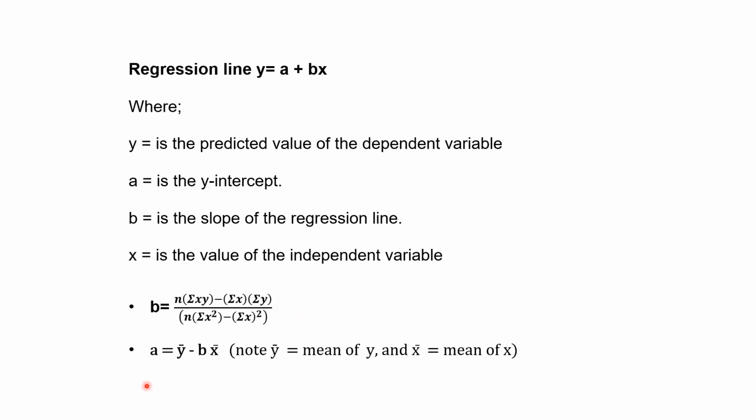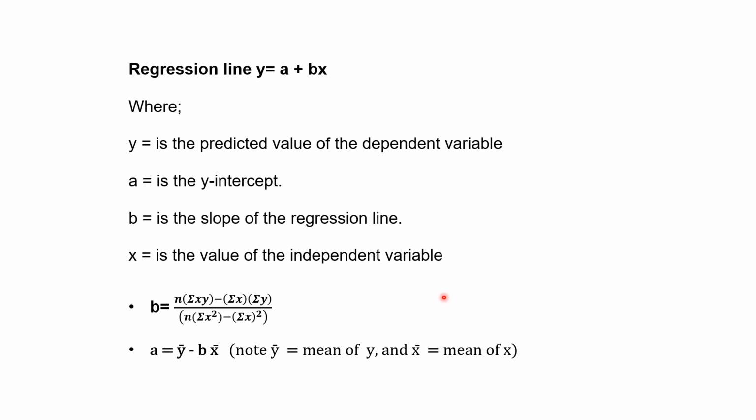Now, if you look at the intercept, you have what you call y bar minus b x bar. This implies that in order to calculate the regression line, you must first find the b. You must find the slope of the regression line. And then you need to calculate the y bar. The y bar simply means the mean of y. Summation y divided by n will give you y bar, and x bar, which we should be familiar with, is the mean of x.